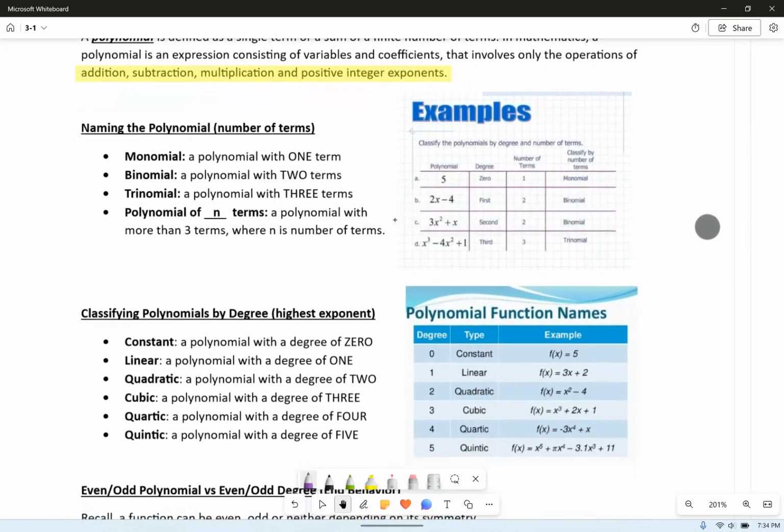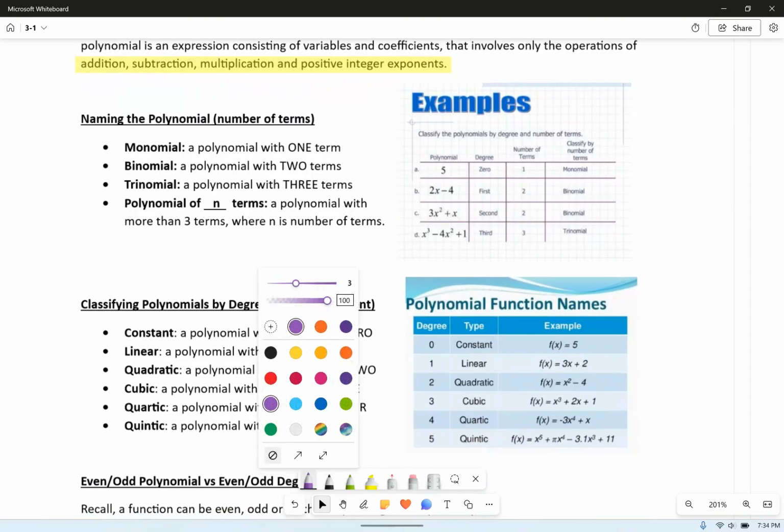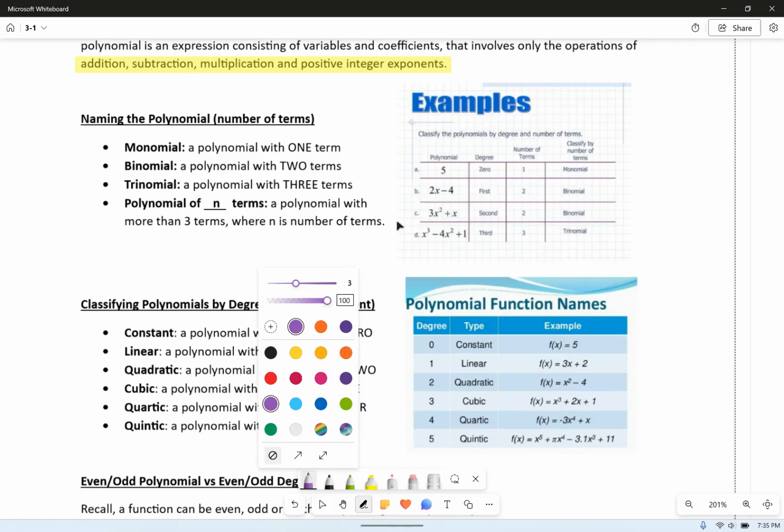Now, once you have decided if it is a polynomial or not, you are also going to have opportunities to either name or classify a polynomial. These two different characterizations are what I'm going to need you to focus on. You're either going to name or you are going to classify.